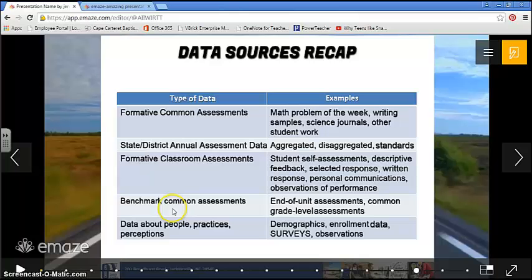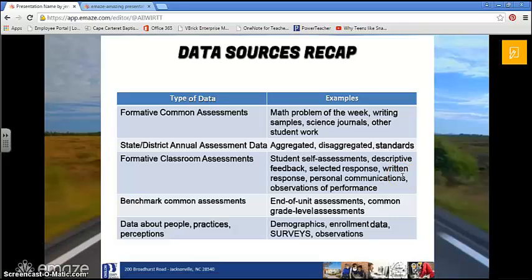The other forms of data collection that we see are state and district assessment data, formative classroom assessment. So, you know, thumbs up, thumbs down. Did you understand this concept or did you not? What do you think?